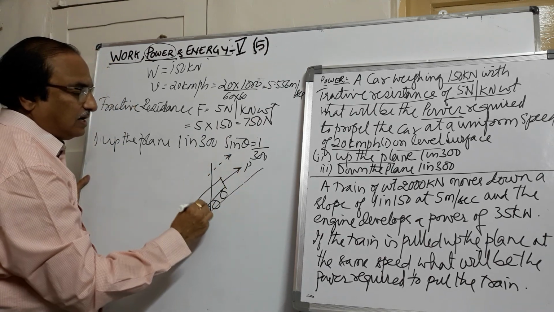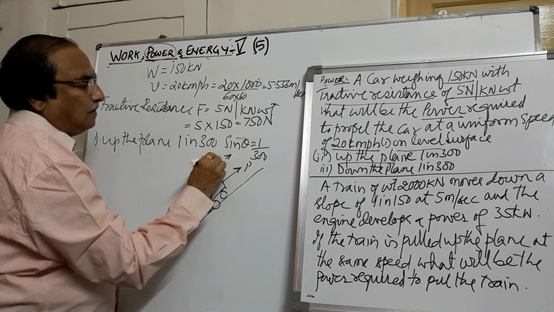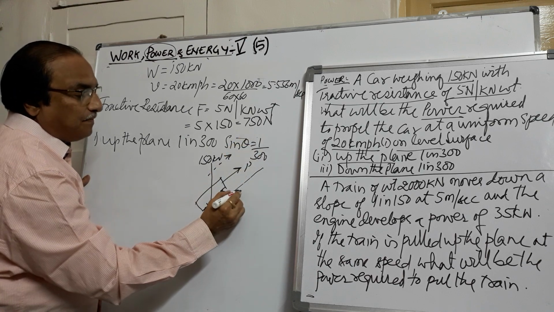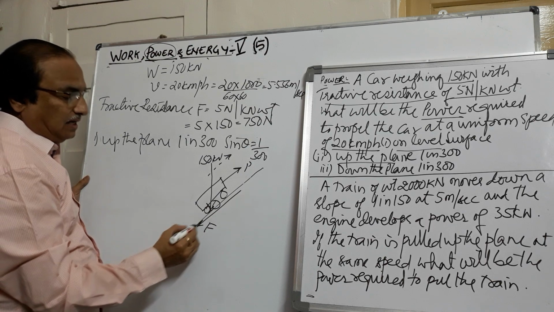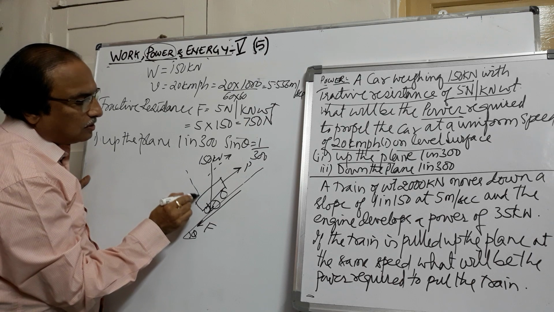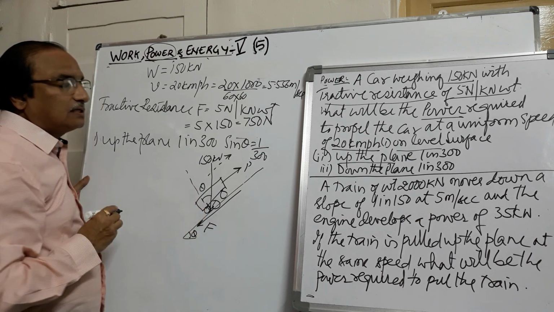The weight of the vehicle will be acting vertically down and that is 150 kilonewton. So here the body is moving up, so the frictional resistance will be down the plane and this plane is making an angle theta. So if I drop a perpendicular to this plane, this angle will also be theta.